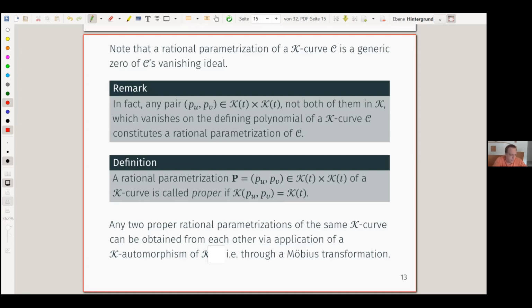So if you have one proper rational parameterization and a different one, you can substitute the parameter T with a linear rational function with coefficients in K, such that you will get the other. And this property will be very important for the remainder of the talk.